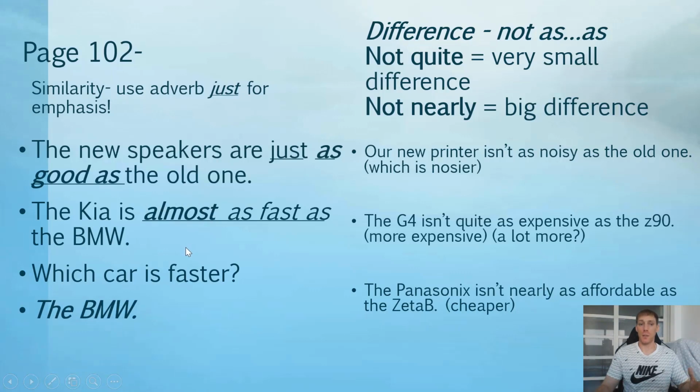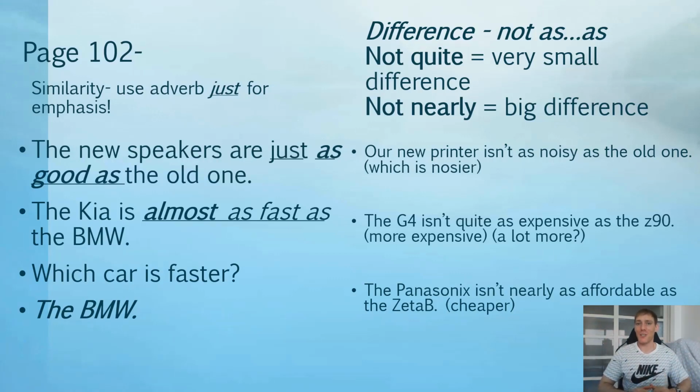The BMW. So the gear is almost as fast as the BMW. B, the second one, is the fastest one. The gear is slower, the lower level one. If we want to talk about difference again, we can say is not or are not as something something. So not quite means very small difference. Not nearly means there's a huge difference between them.